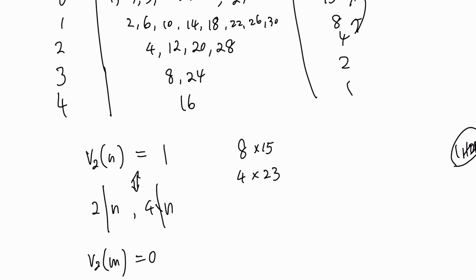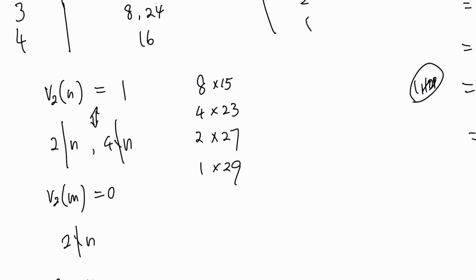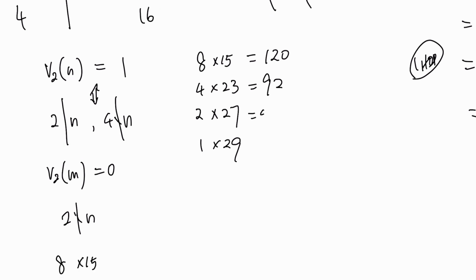Notice it's not 4 times 8. We can take m that is not divisible by 2 at all. So it's 4 times 23, 2 times 27, and 1 times 29. So if we do these calculations, first one is 120, the second one is 92, I believe, and then 54, 29.